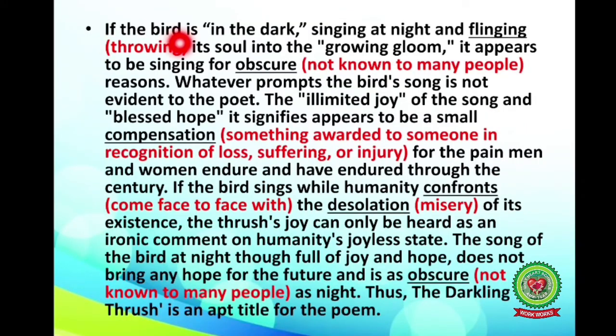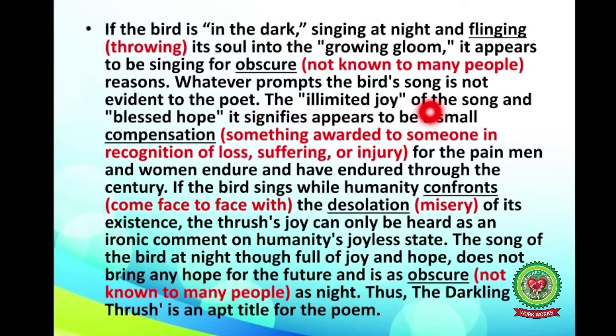If the bird is in the dark, singing at night, and flinging its soul into the growing gloom, it appears to be singing for obscure reasons. Underline the word flinging, write down throwing, obscure, not known to many people. So, the situation in which the bird sings and the condition of the bird leave it unclear why the bird is singing. Whatever prompts the bird's song is not evident to the poet.